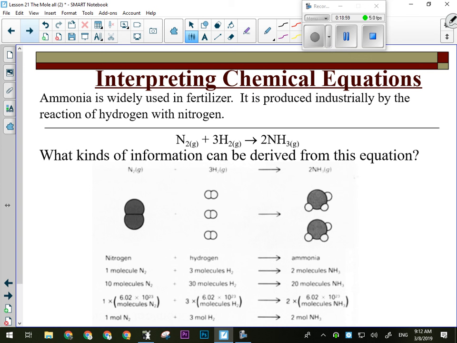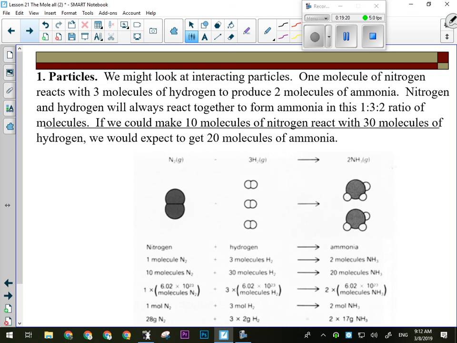That's a lot more stuff. So these coefficients, guys, are just a ratio. This could be 10 to 30 to 20, or 100 to 300 to 200. It's still balanced. It's all about the ratios of everything in the reaction.